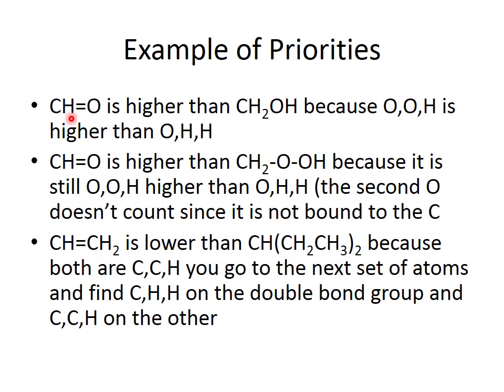and let's go through a few examples of how you determine priority. Let's look at this aldehyde group as compared to this methyl hydroxy group. The aldehyde group has higher priority than the methyl hydroxy group because this is oxygen, oxygen, hydrogen attached there. Here we have oxygen, hydrogen, hydrogen. So the second oxygen here is higher priority than that first hydrogen, so this group has priority.